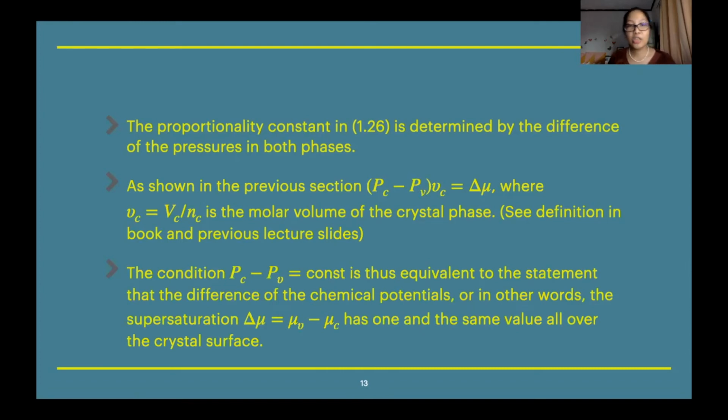The condition, the difference in the pressures equal to a constant, is thus equivalent to the statement that the difference of the chemical potentials, meaning the supersaturation, the difference in the chemical potential of the vapor phase and the chemical potential of the crystal phase, has the constant and the same value all over the crystal surface.